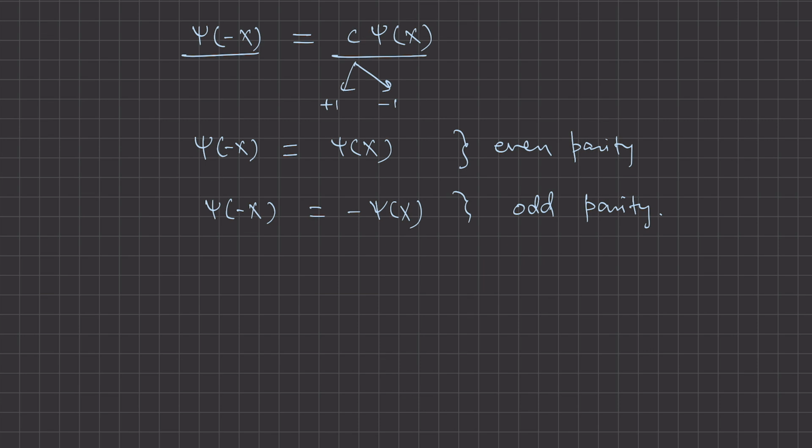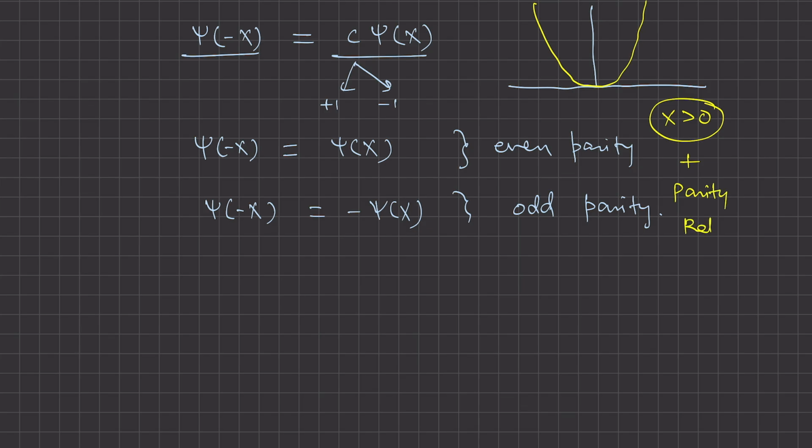Suppose you have this curve here for the linear simple harmonic oscillator, and you want to save your mathematical computation time. You will just solve this Schrodinger wave equation in the x greater than 0 region, and then use the corresponding parity relationship, and you can get the answer in the region where x is negative.